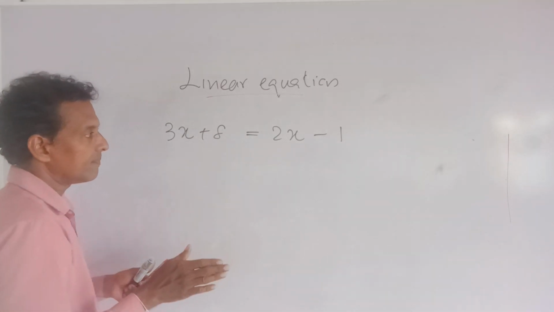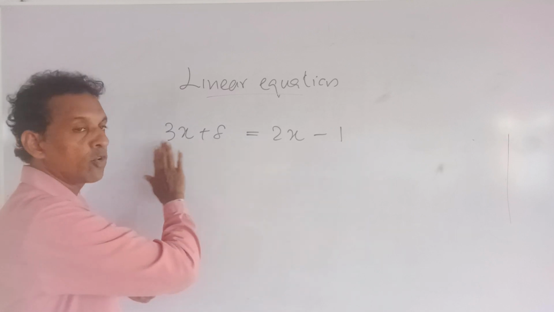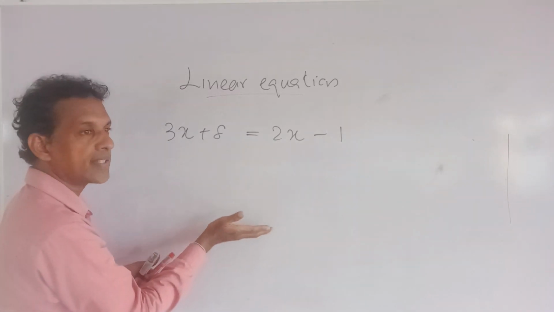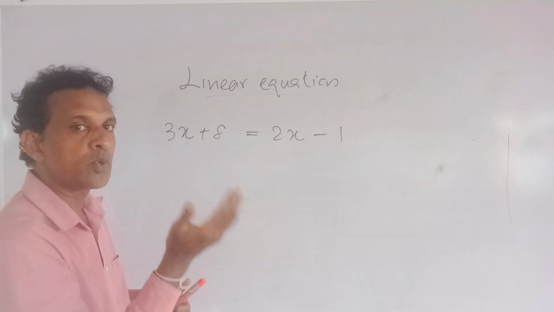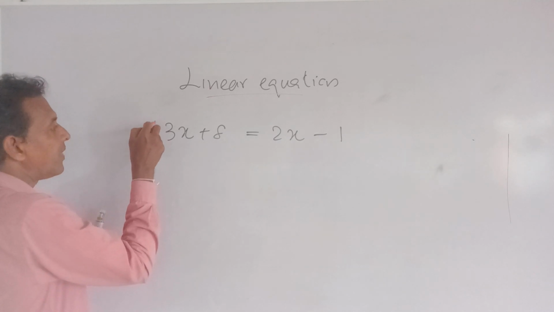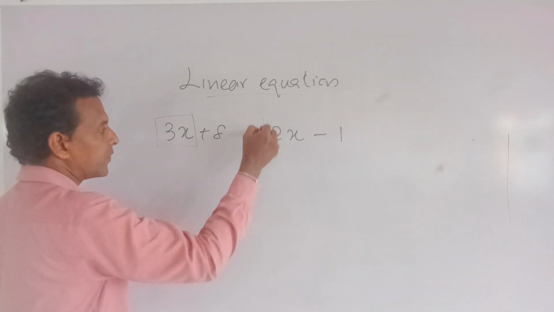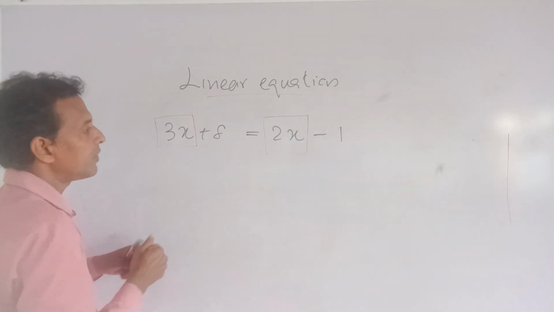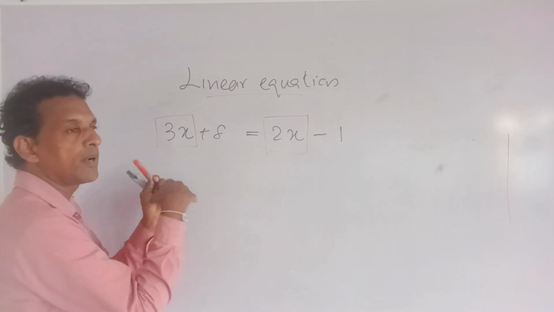Now we have the variable on both sides. There are no denominators here, there are no brackets here. So move on to the last step I mentioned: take like terms to one side. Here we have 3x, here we have 2x. We have to take all the variables or x terms to one side, numbers to the other side.